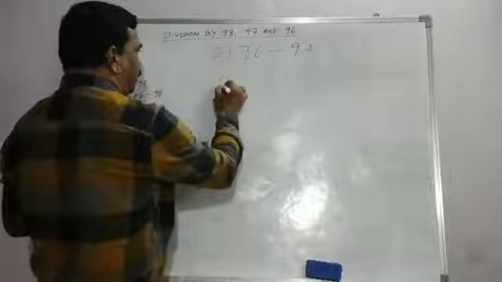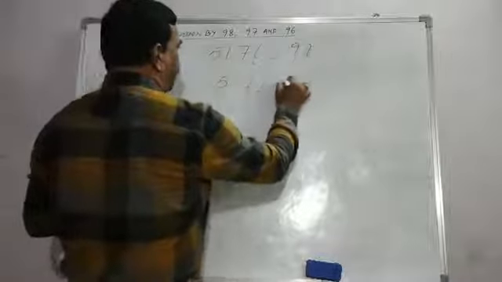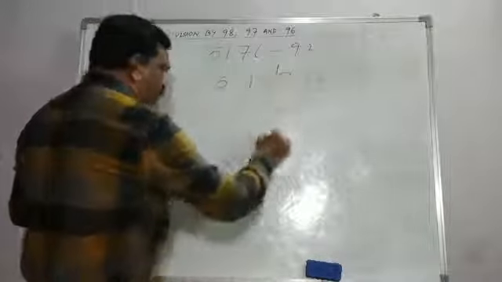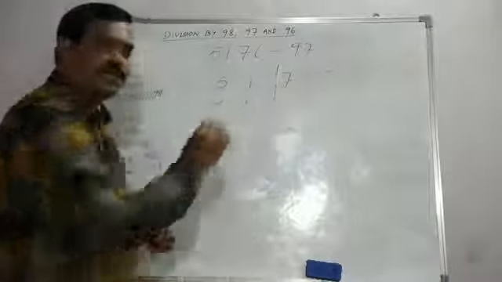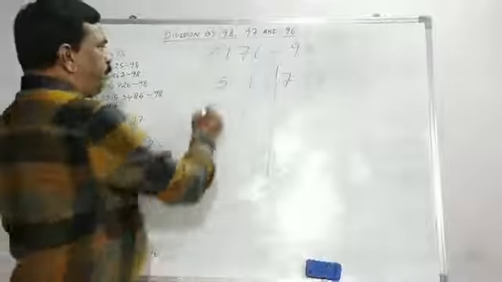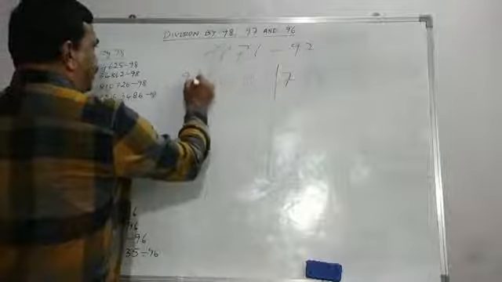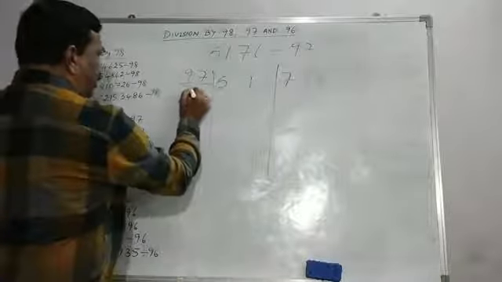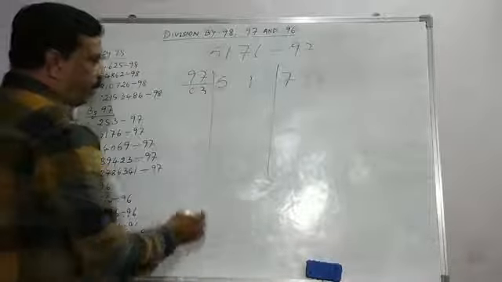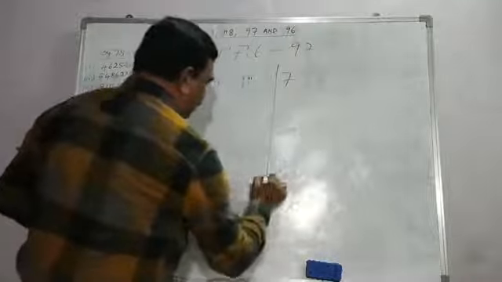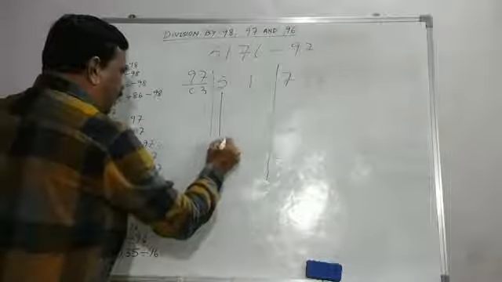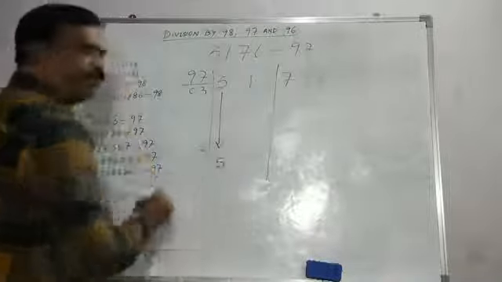I write the number here, 5176. The last 2 digits are reserved for the remainder part. Now I draw one line and write 97 here. Under 97 I write 0 3. This is the multiplier. Now this first number we take as it is, 5.